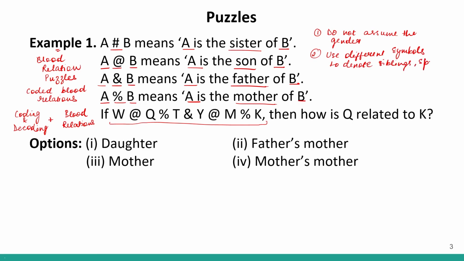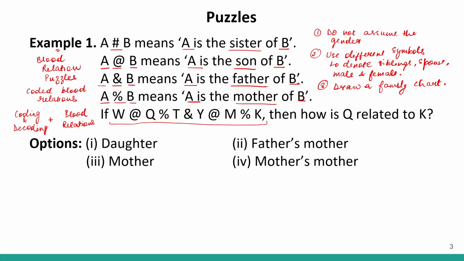These are different relationships, correct? Male and female. So we always use different symbols to avoid confusion. Third, I told you always draw a family chart. Always draw a family diagram, you can say family tree, or a family chart to solve questions because it makes the work easier.